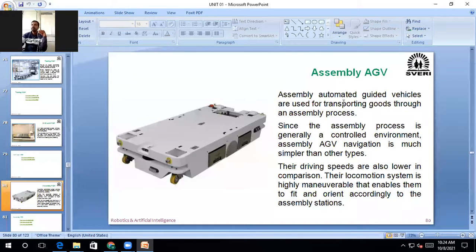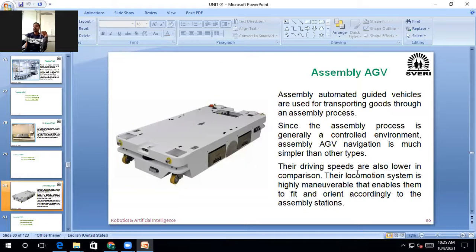Assembly automatic guided vehicles are used for transporting goods through the assembly process, where we can fit parts one by one. Since the assembly process is generally a controlled environment, assembly navigation is much simpler than other types.